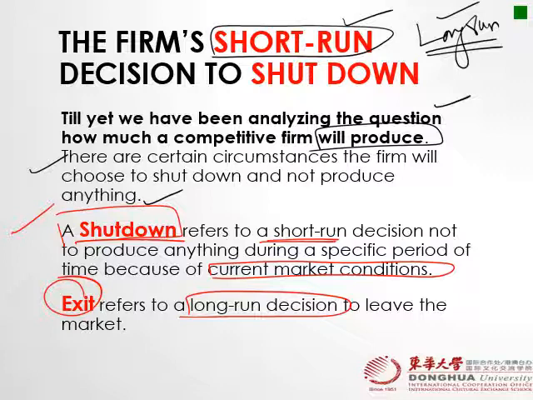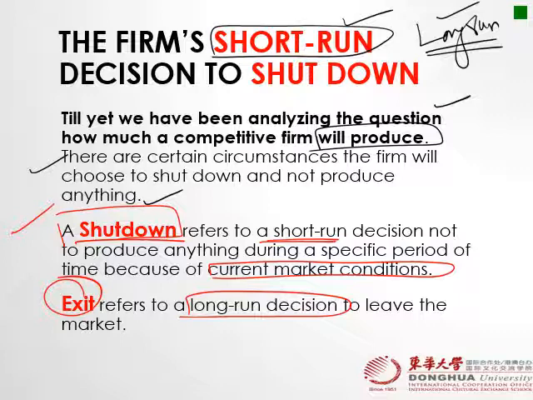Up till now we have just discussed how much the competitive firm produces to find out the maximum profit. But there are certain circumstances in which the firm will choose to shut down, not to produce anything.